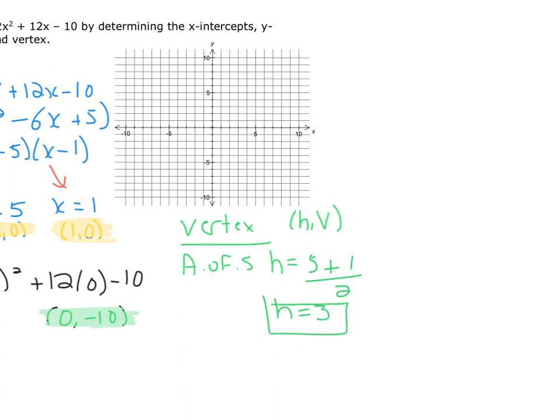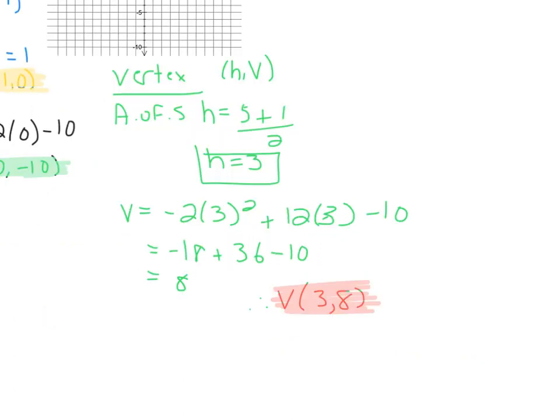And then I want to find my y value at that point. So my k is -2 times 3 squared plus 12 times 3 minus 10. When I simplify that, I get -18 plus 36 minus 10, which is equal to 8. So there's my vertex, 3, 8.